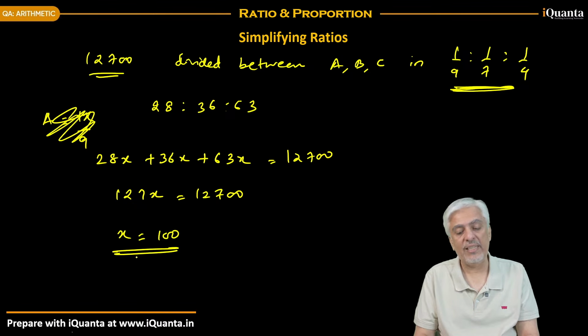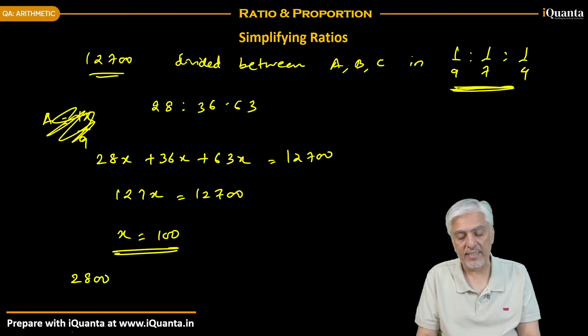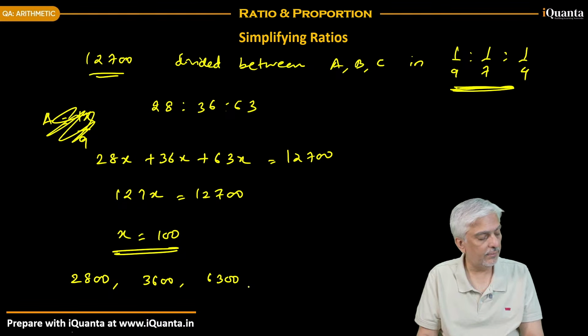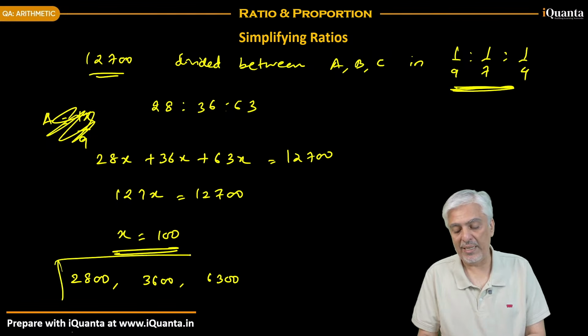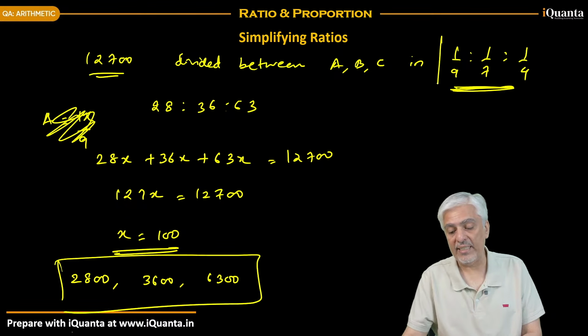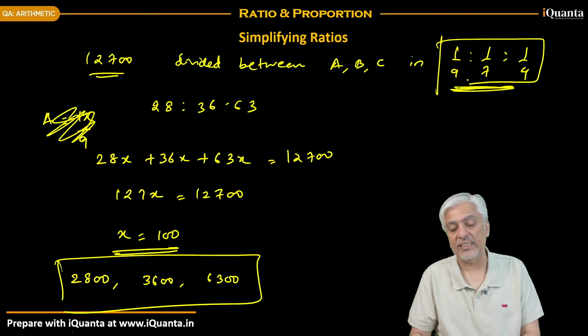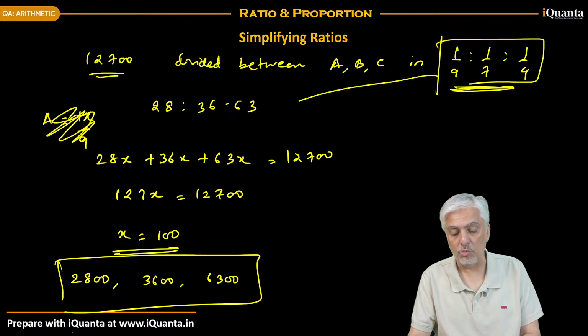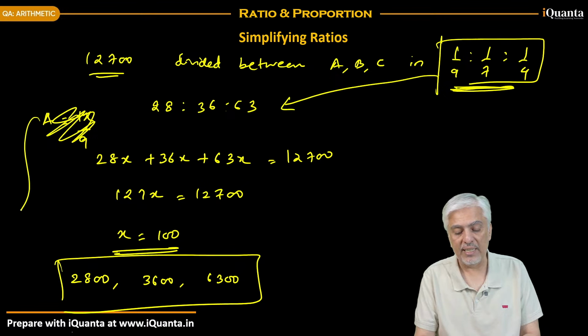And therefore each one will get how much? A will get 2800, B will get 3600 and C will get 6300. Everybody clear? Did you understand the advantage of this usage at least? If there is such a question, then doing this first makes the sum very easy.